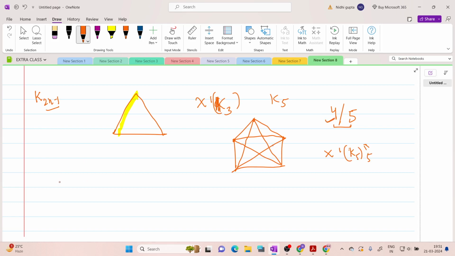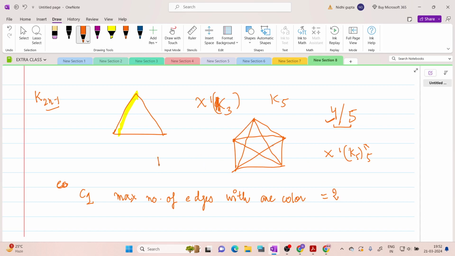Suppose we have color C1. Tell me, what is the maximum number of edges that can be there with one color? Can you have 3 edges of the same color in this graph? Can you have 3 red edges? No, ma'am. Maximum is 2.